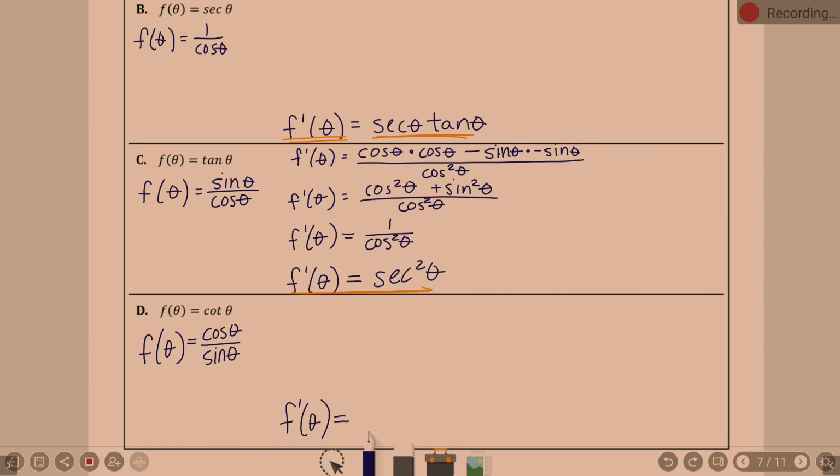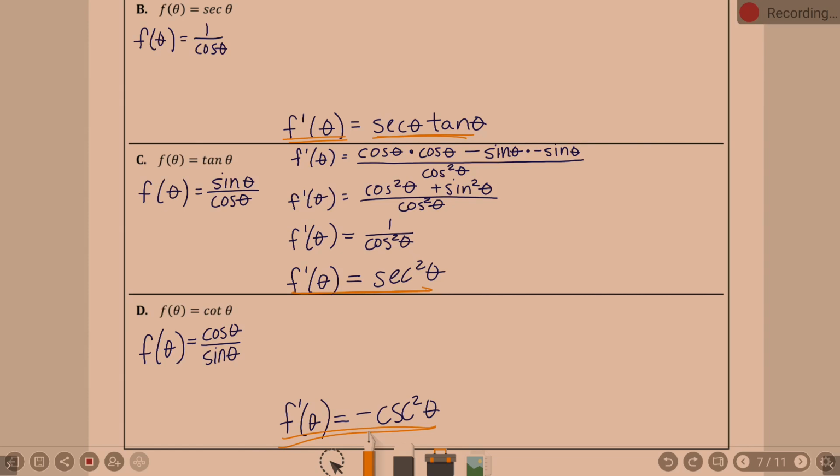Negative cosecant squared theta. Good guessing. So does that mean we're seeing a little bit of connection there? We didn't just do 4 totally random different ones. They have some overlap in their patterns.